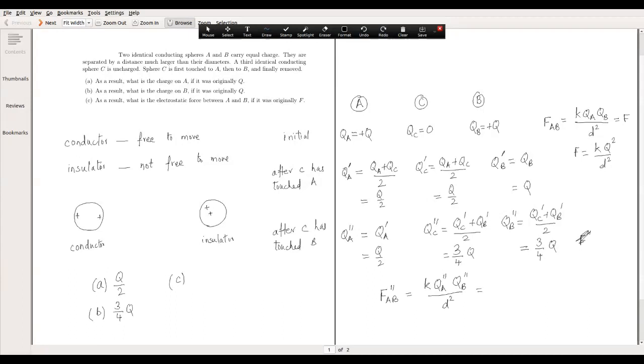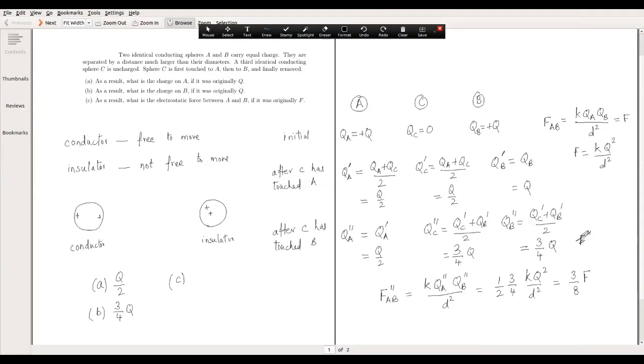QA double prime is half of Q, so it's half. A factor of half comes from here, 3/4 comes from there, so I write that separately, and that is KQ square over D square, which is 1 by 2 times 3 by 4, that is 3 over 8 of KQ square over D square, which is just F.